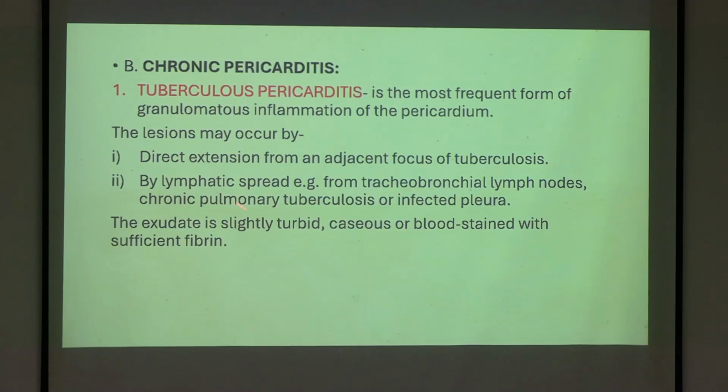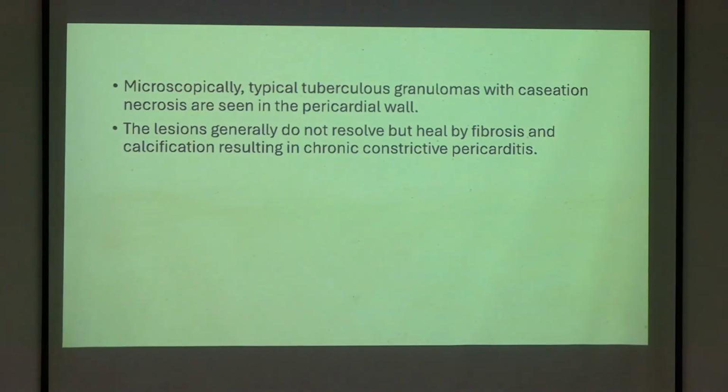The exudate is slightly turbid, caseous or blood stained with sufficient fibrin. Microscopically, typical tuberculous granuloma with caseation necrosis are seen in the pericardial wall. The lesions generally do not resolve but heal by fibrosis and calcification, okay.